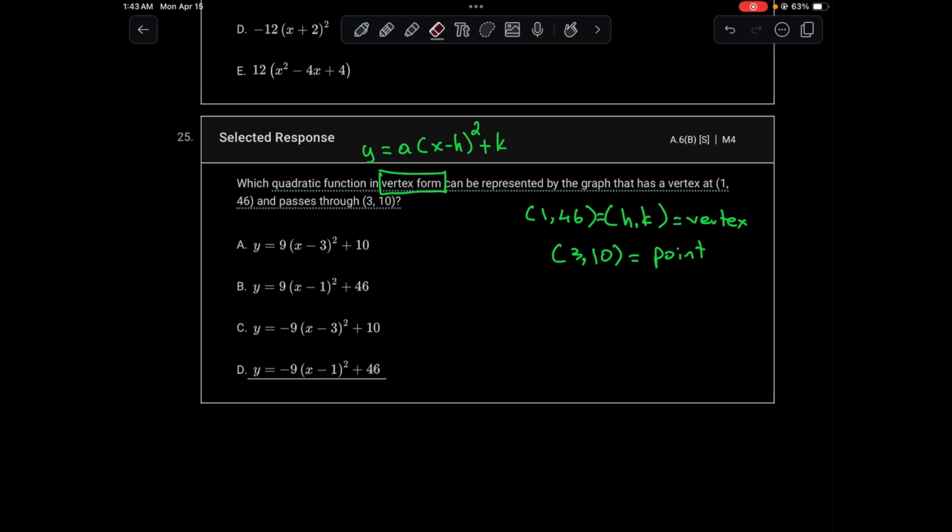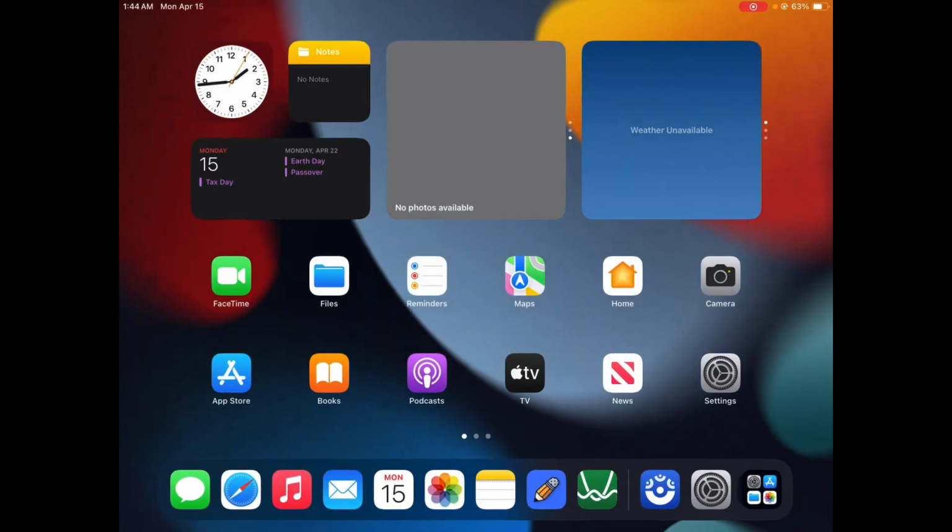Okay, here I'm just going to plug in on the graphing calculator, and I know that it's not going to be A and it's not going to be C. If you don't know, then plug in all of them one by one, but I'm just going to plug in B, and one of them is correct, the other one is not. Okay, let's plug it in.